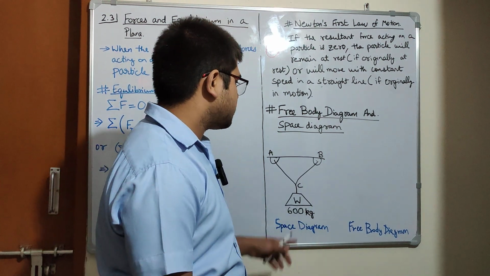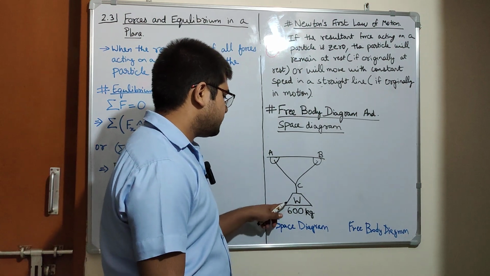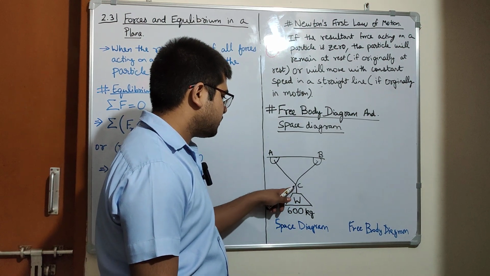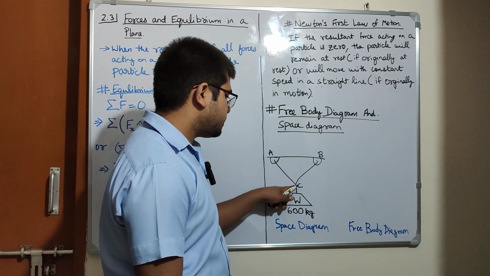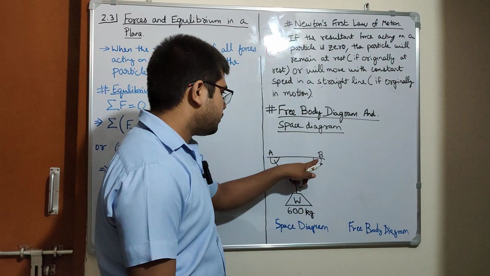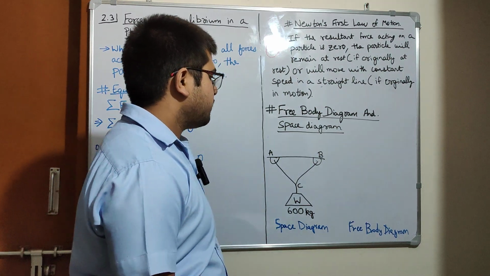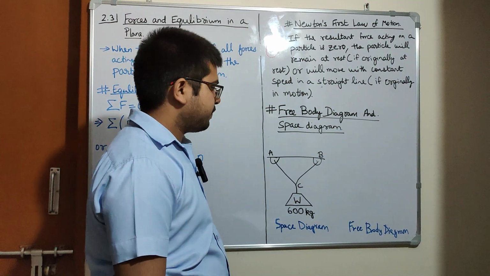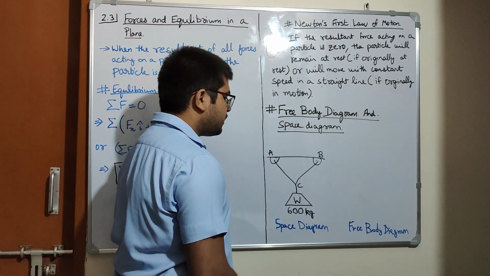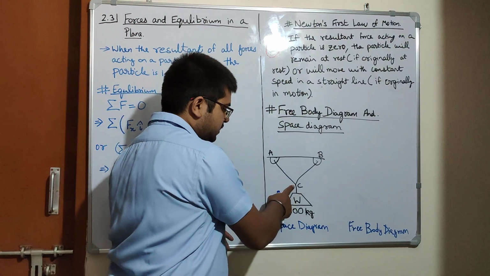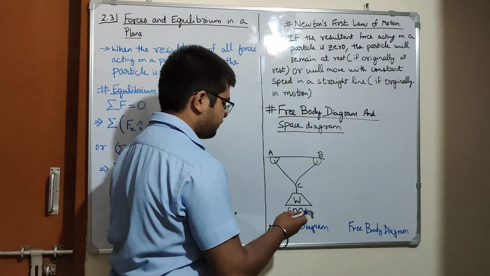So in this example, a weight is connected to a line here, to C and then to A and then to B. What would be its free body diagram? We will first see which point is in equilibrium. So the point C is in equilibrium.